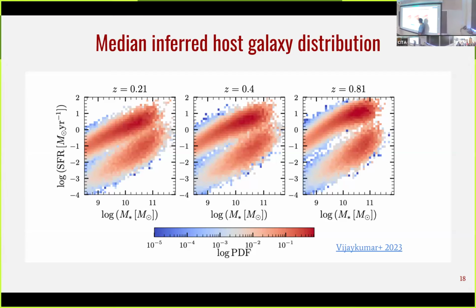The colors are not very visible there, but these are really dark reds on the star forming branch, and these are lighter reds. So what that means is that there is more support for the binaries to be in star forming galaxies than in quiescent galaxies.